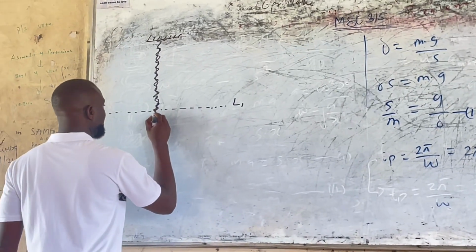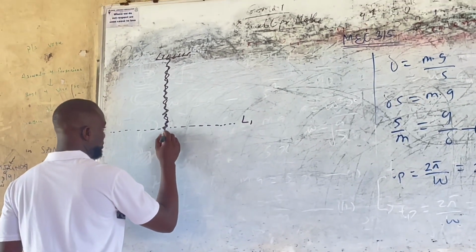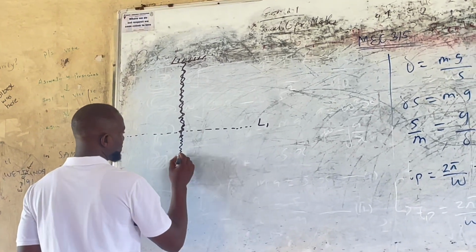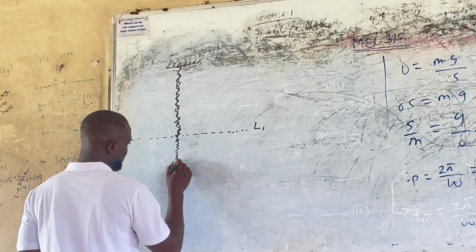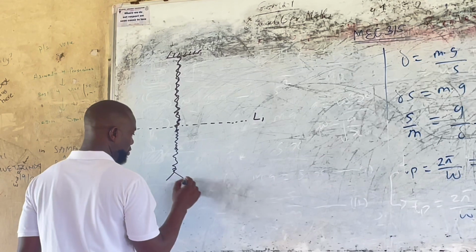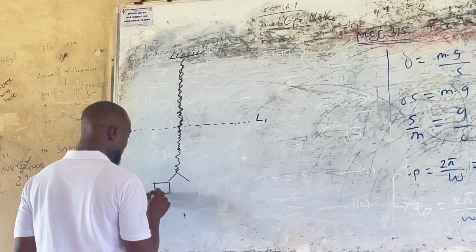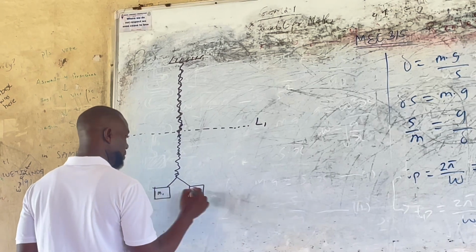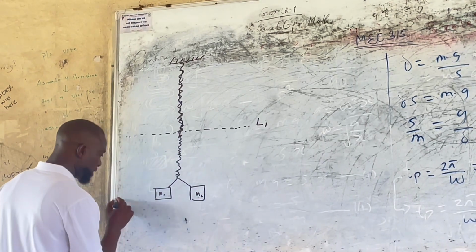Then we attach our load. After attaching the load, the spring stretches to this point, because we attach two loads, M1, M2.